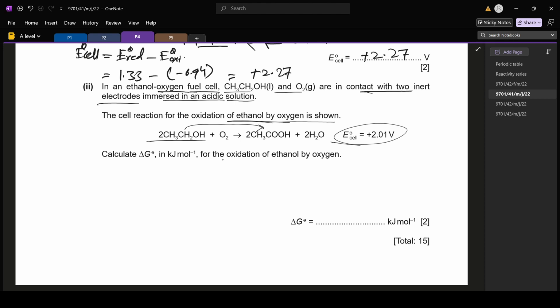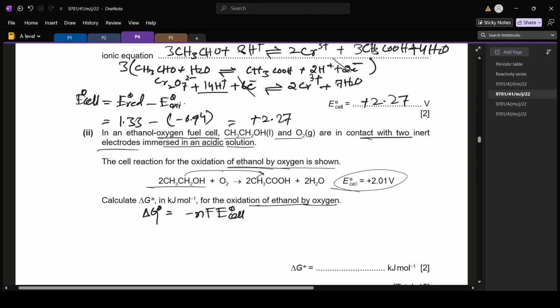Calculate the Gibbs free energy for the oxidation of ethanol. The formula for the Gibbs free energy is negative n F E cell, where n is moles of electrons, F is the Faraday constant, and E cell is given to you. The Faraday constant we know, which is 96500. Now you just have to find the number of moles of electrons transferred.